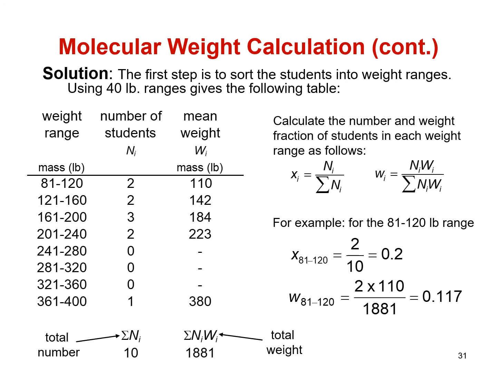So as an example, for the first range of 81 to 120 pounds, x at 81 to 120 equals ni, which is 2, divided by summation of ni, which is 10, and that equals 0.2. And the weight fraction at this range is 2 times wi, which is 110, divided by summation of these two. Now it becomes 0.117.